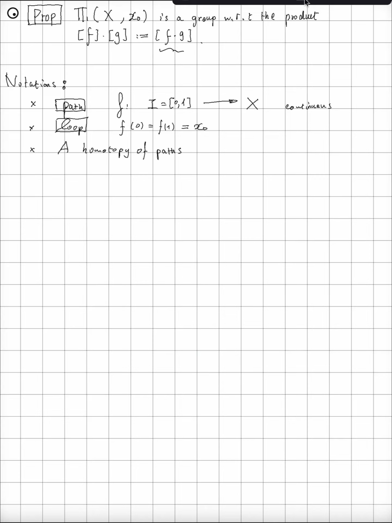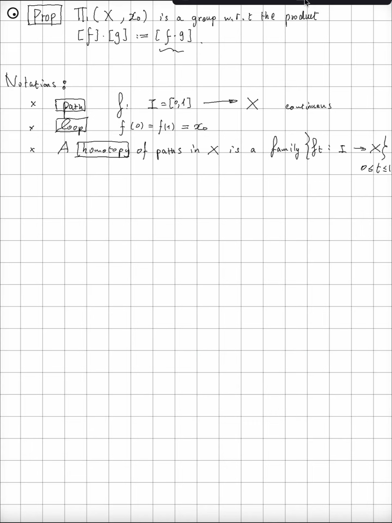So a homotopy of paths in a topological space X is a family of continuous maps. We index this family by t, where t is a real number between 0 and 1.